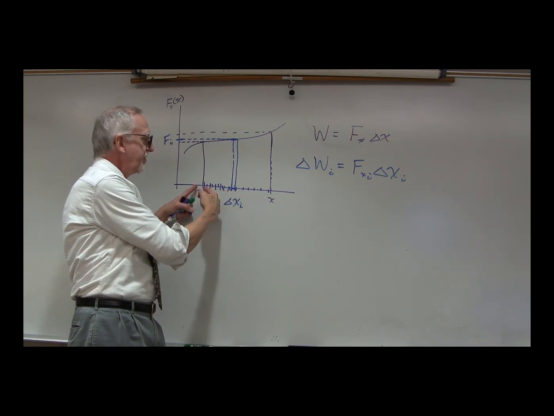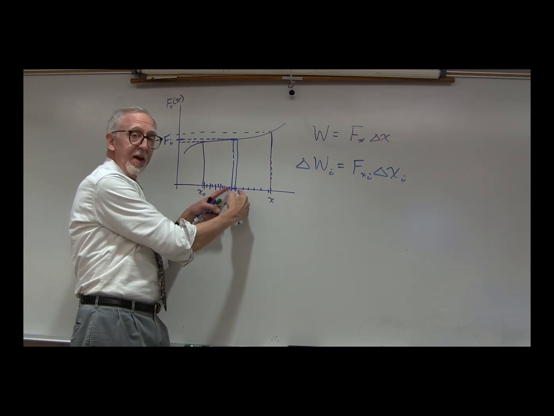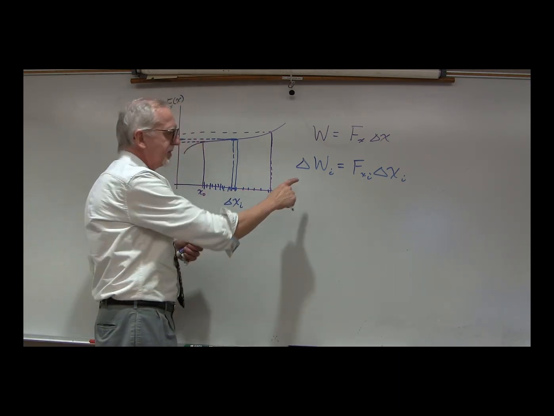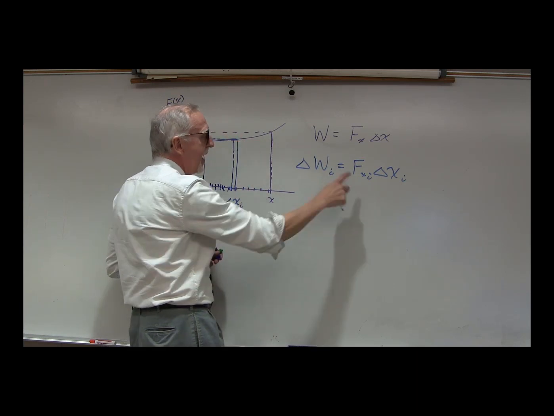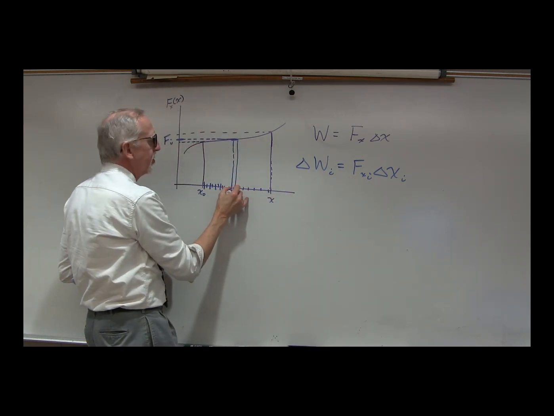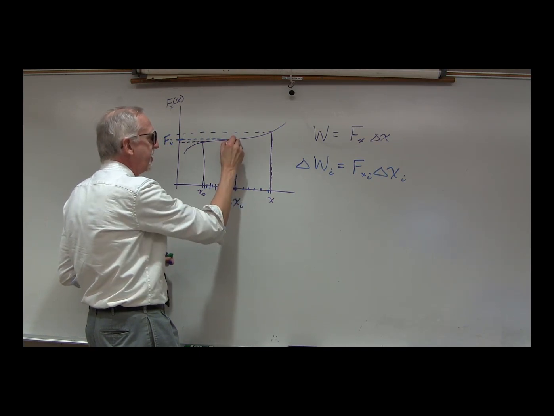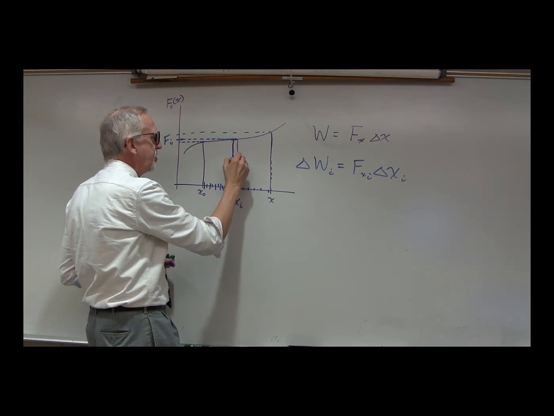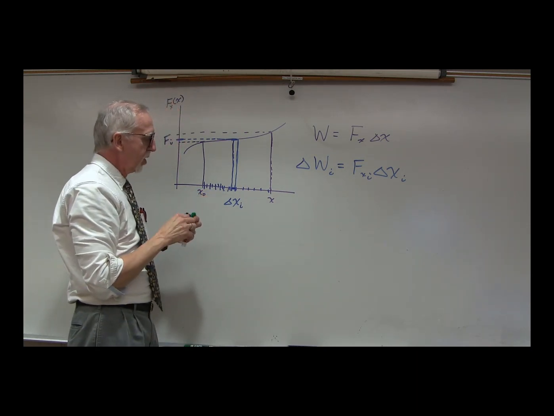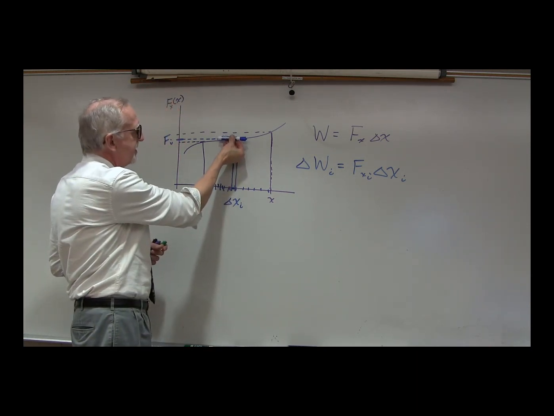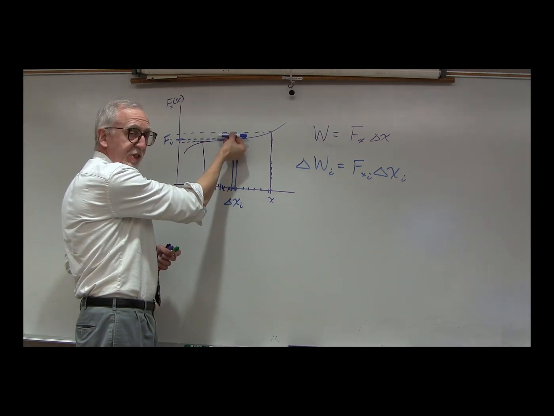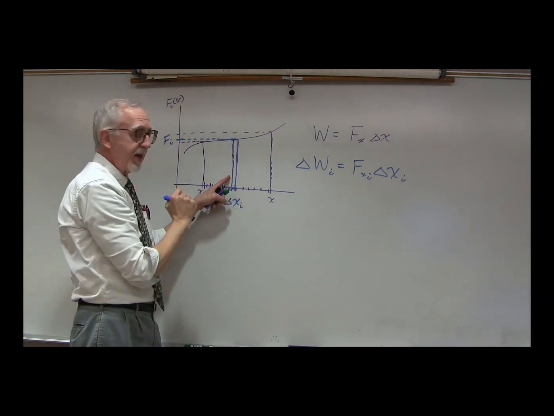And then we just find out how much work is done over every little tiny displacement and add them up. But before we do that, let's look at this for a second. What is F x i times delta x i? Delta x i is the width of the little bottom of this little shape, which is basically a little rectangle. We're assuming that the force at the top is constant, so it's basically not changing over that width, delta x.